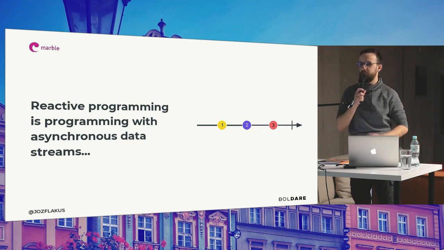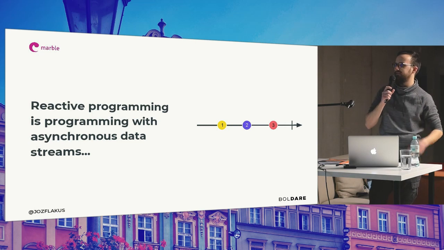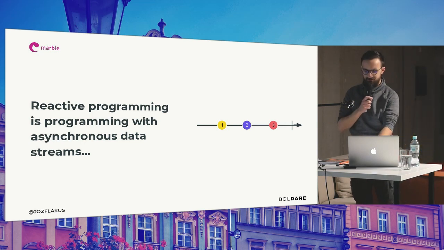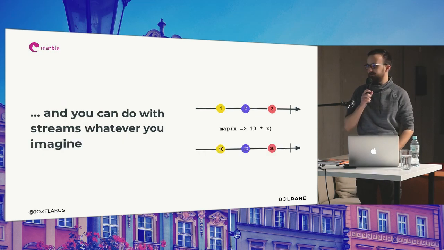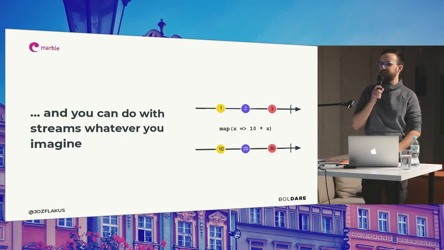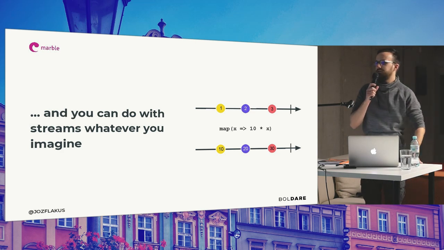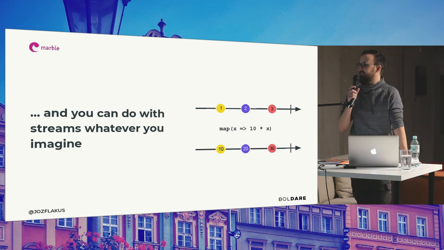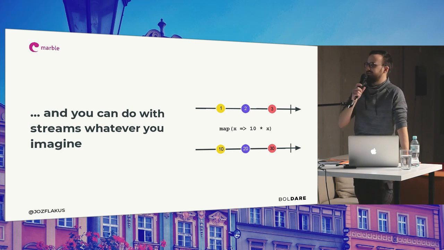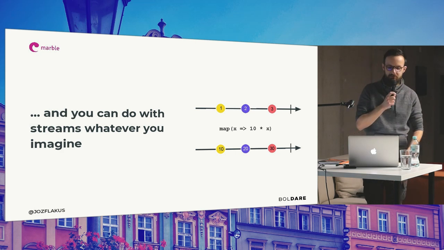We have one value that occurs at one point in time, and then another value at some other point in time, etc. And what you can do with those values passing over time in the streams, you can do whatever you imagine. You can, for example, map them, filter them, buffer them, transform them into something else, and combine many different streams together.